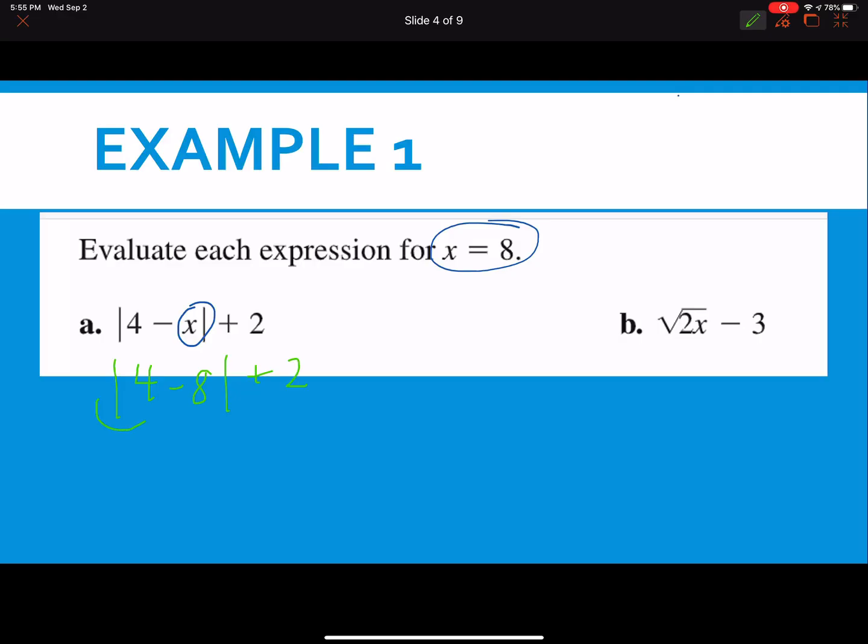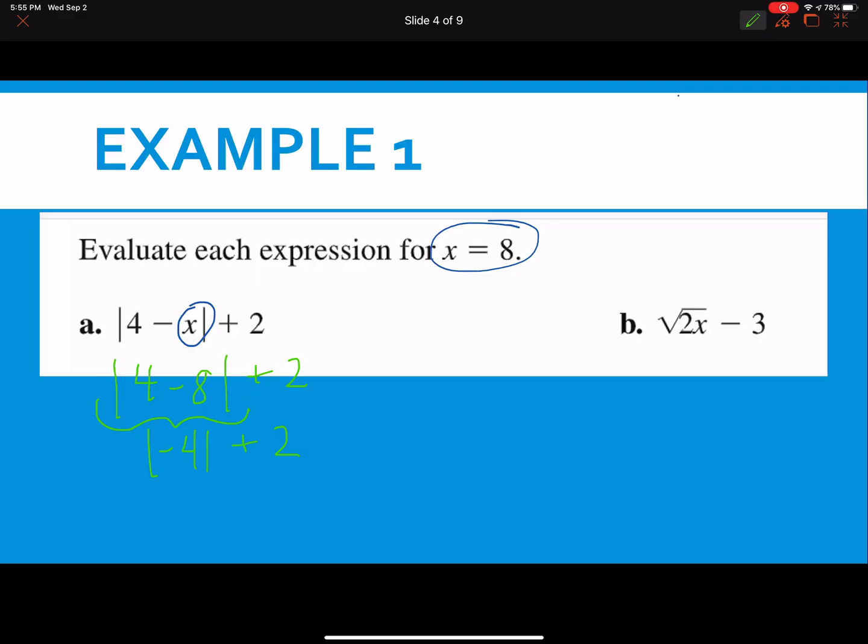So the first part of this is my grouping symbol, and I'm going to keep those absolute value lines with my answer of -4, and I'm going to continue to bring down the +2.